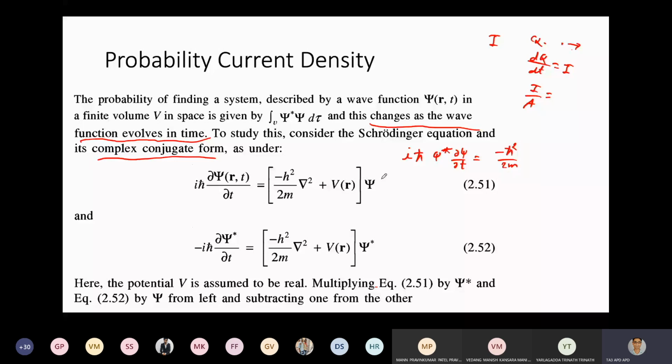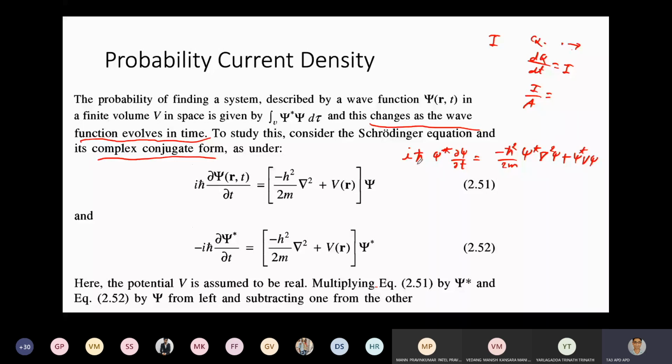And then you multiply, because we are multiplying it by psi star, so I am writing it first, psi star multiplied by this del square psi. So del square psi, plus psi star into V psi. ठीक है, this is your first equation.